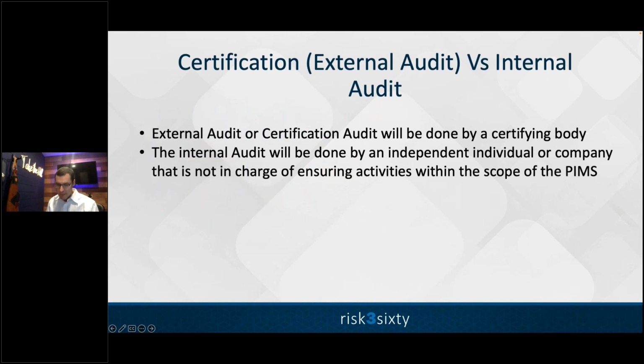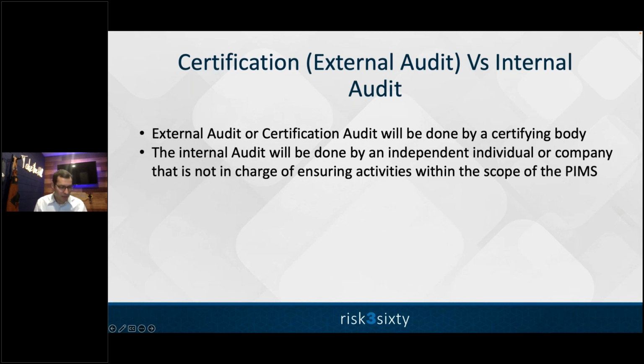All right, so let's set the stage with external audit versus internal audit. External audit, or certification audit, is done only by a qualified firm. In almost all circumstances, these are accredited by what's called a certifying body, who says this company that's doing the audit meets the requirements of a different standard, ISO 17021.